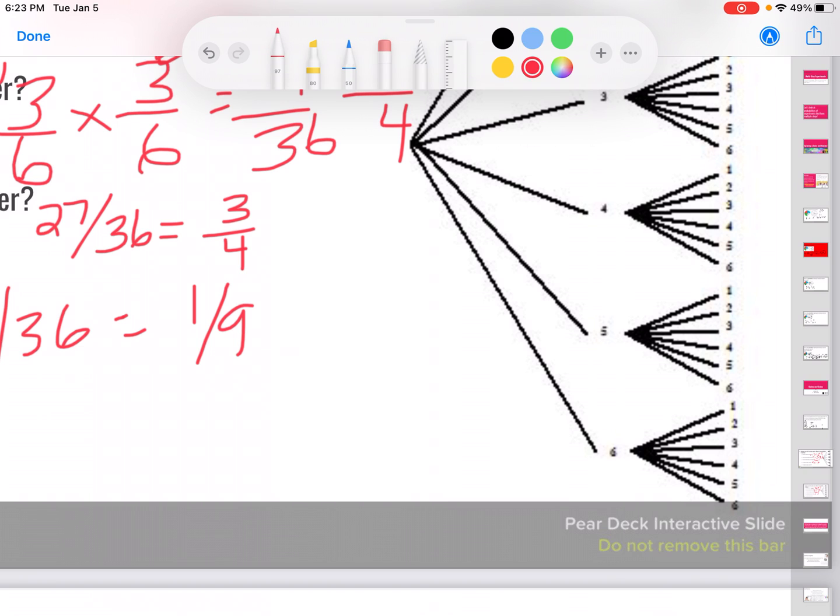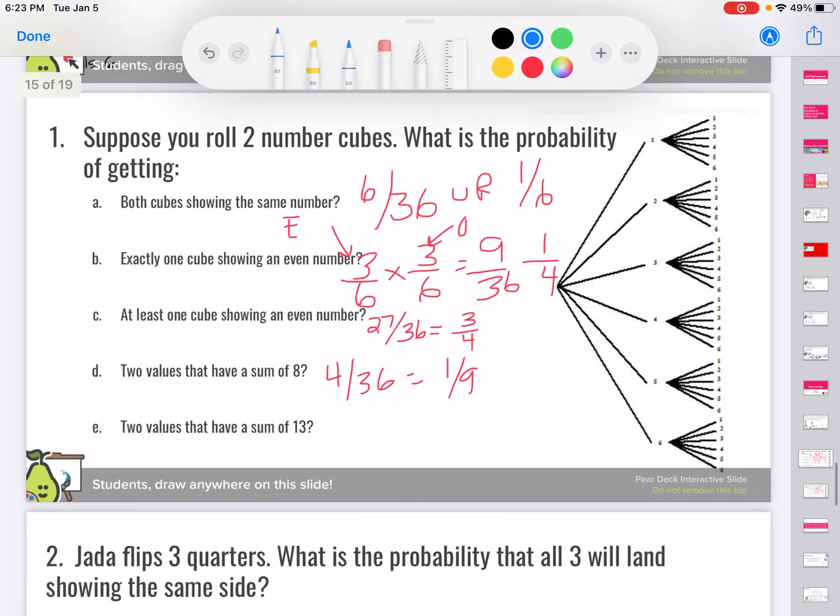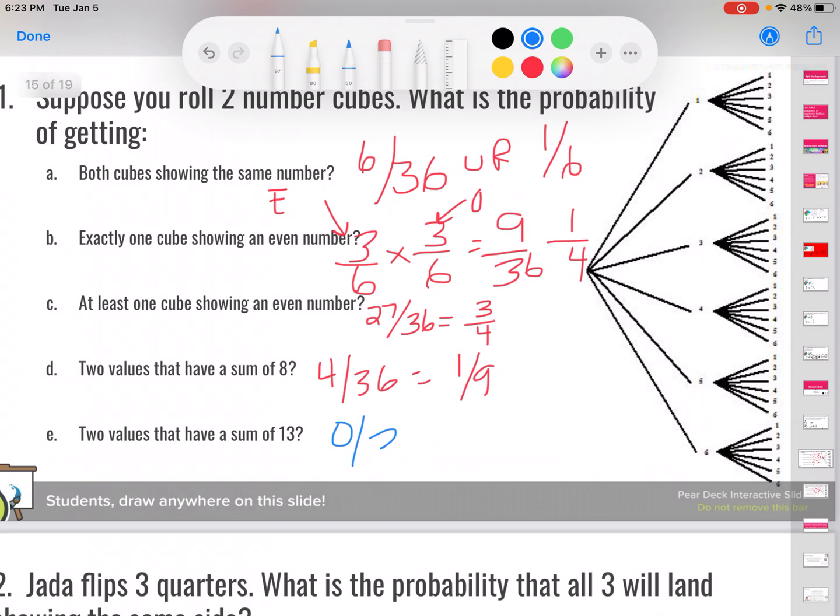So 13 is what I'm looking for. 6 plus 7 is 13. 5 plus 8 is 13. 4 plus 9 is 13. So that's impossible. So that would be 0 out of 36, because the largest you could get would be 12, 6 plus 6. So the probability is 0 out of 36.